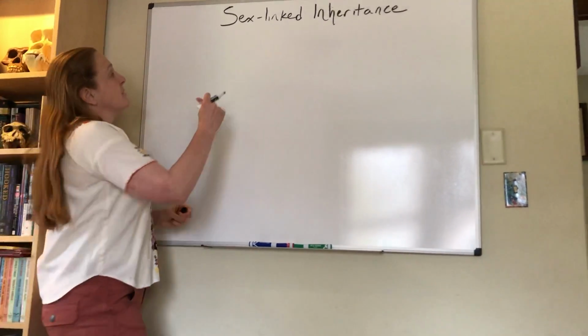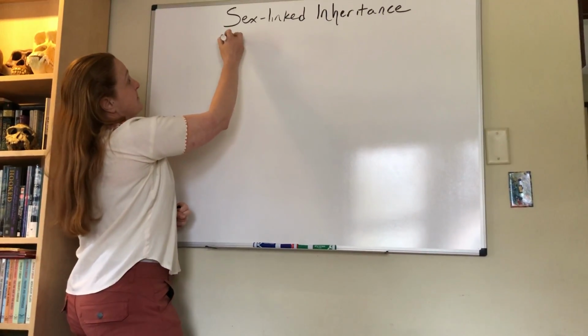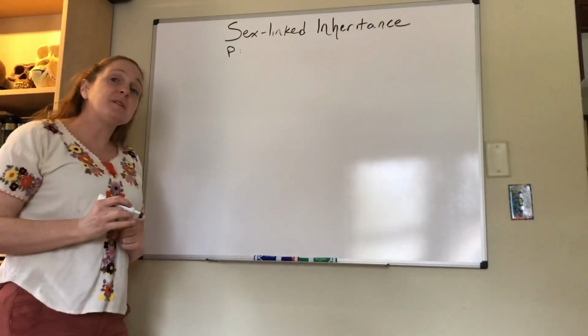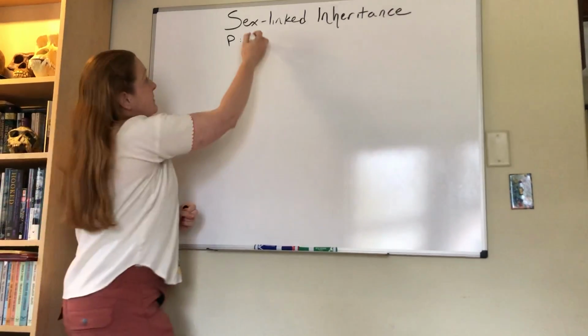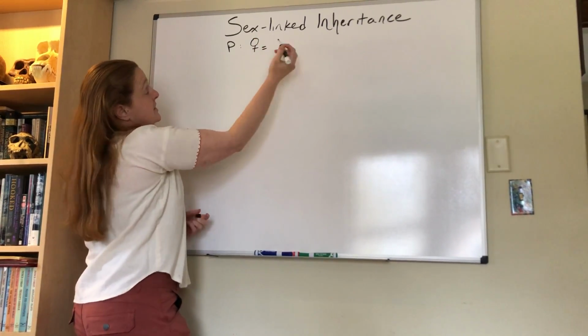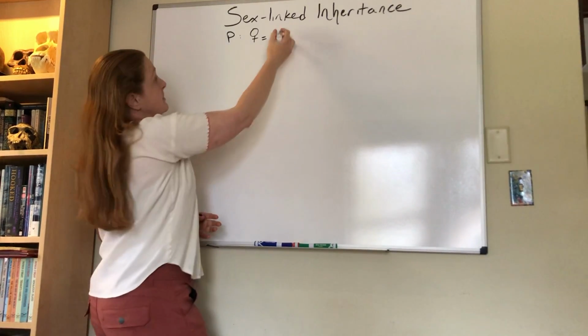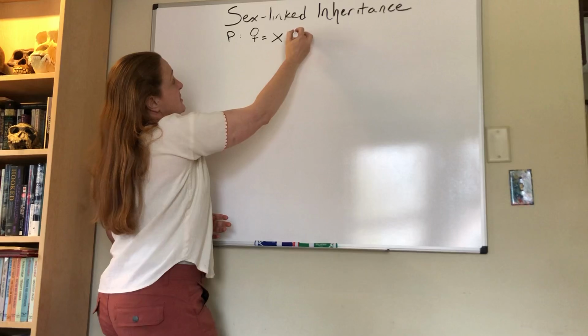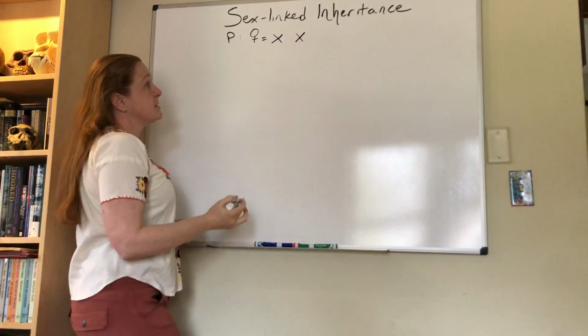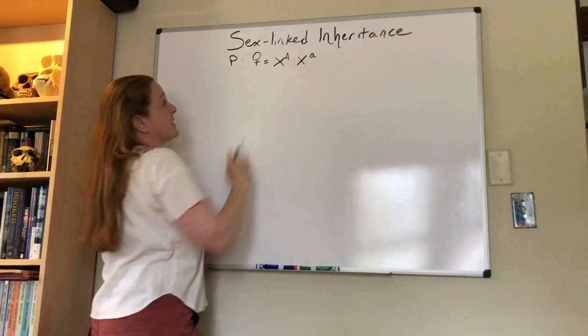So I'd like to work through an example of a sex-linked pattern of inheritance. Remember, the letter B stands for our parental generation. So if I have a female, the first thing that I need to do is I need to communicate that this gene is on a sex chromosome. So I'm going to have my two X chromosomes. My female has a heterozygous genotype.